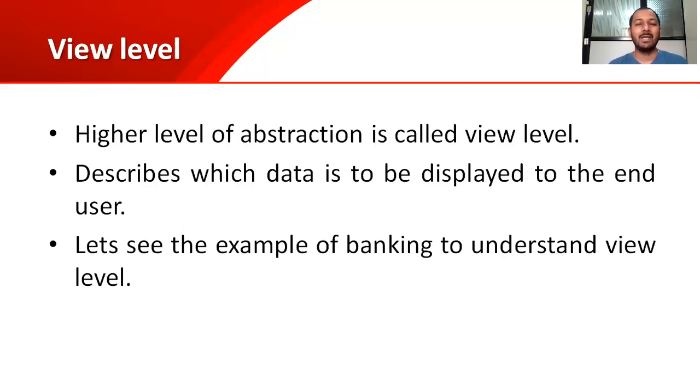But at the same time, the HOD's view is different. The HOD wants to see only the count of the students whose attendance is less than 75%. So the HOD can see the count from second year, third year, and last year also. Sometimes the HOD will feel that he wants to see the list of students who are below 75%, so he can see that also.